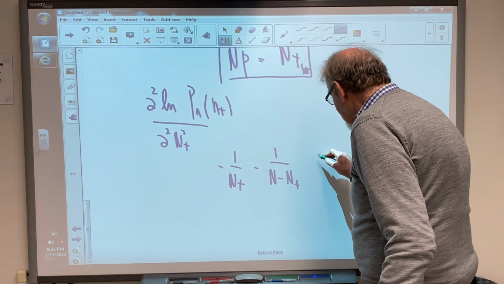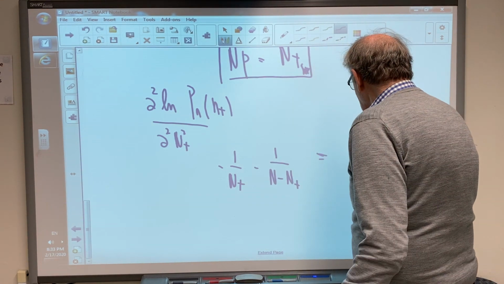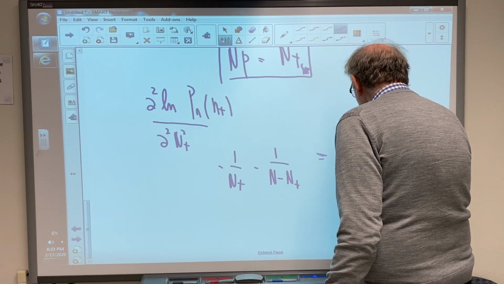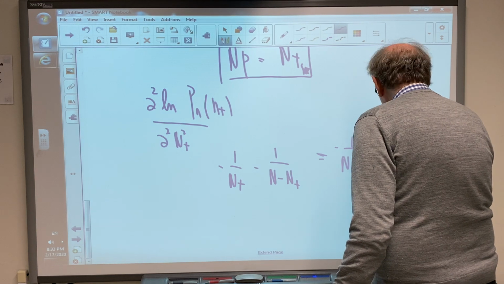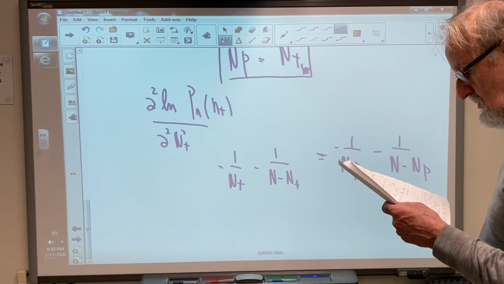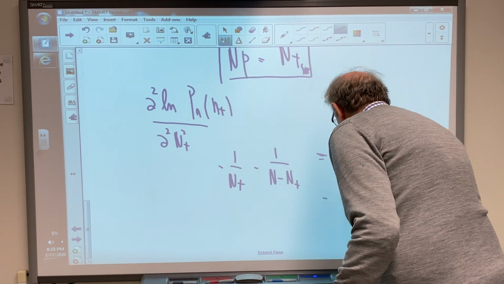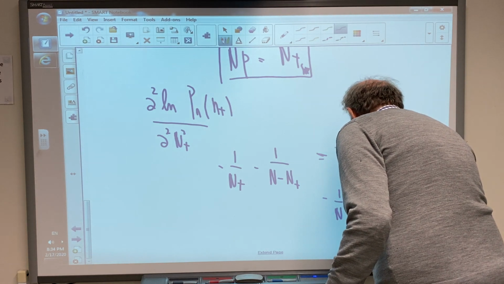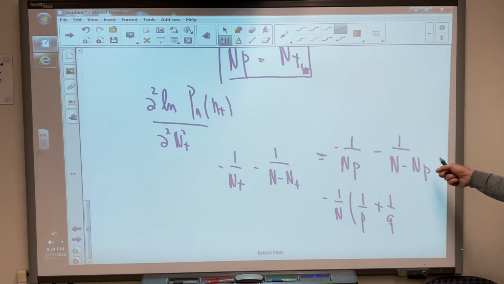Or, and calculate it at the maximum when n plus is np. Minus 1 over np, minus 1 over n minus np. Or I can write this as minus 1 over n, times 1 over p plus 1 over q. 1 minus p is q.